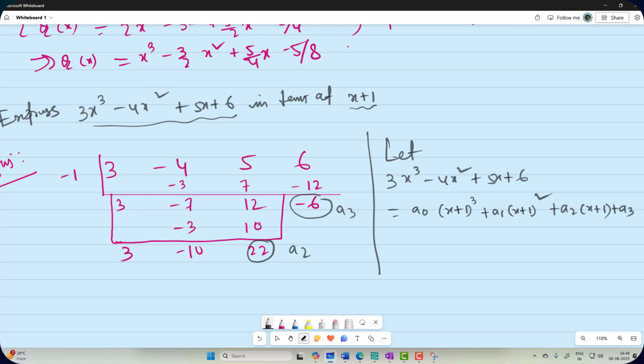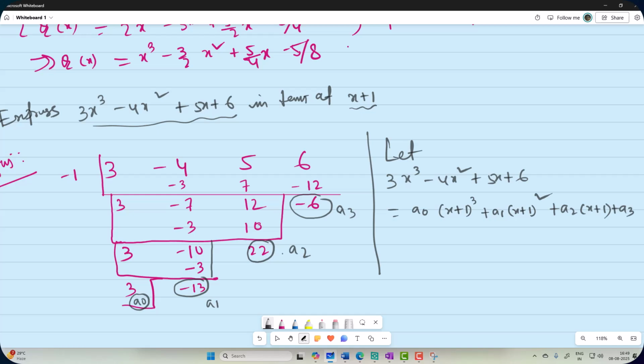Now what to do? You repeat the process for this polynomial, that 3 will come out, minus 1 into 3, so it is minus 13. It is going to be like this. This is nothing but a0, this is a1, this one a2, and this one a3.